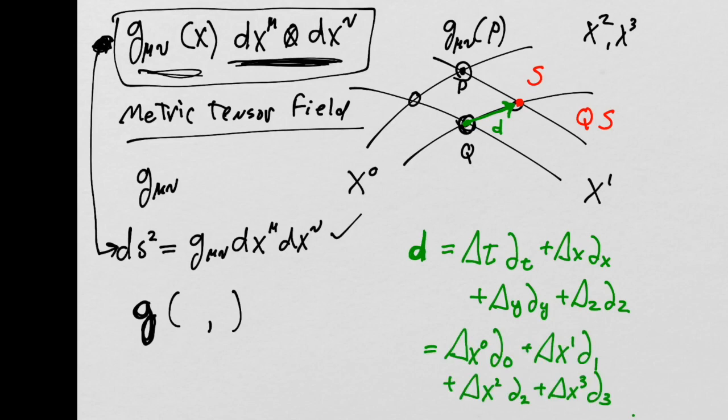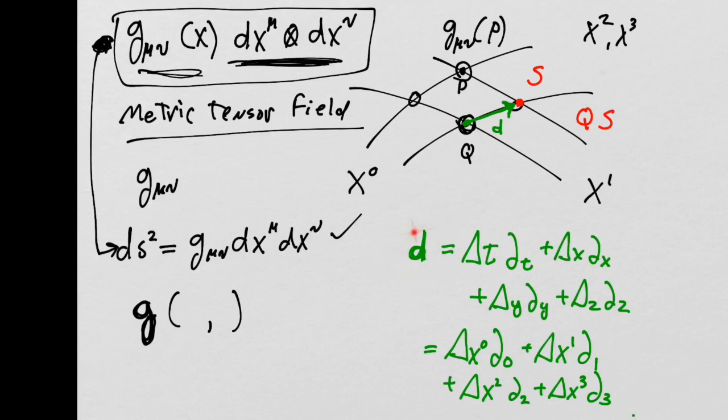Alternatively, I could write it this way: some component x0 times basis vector 0, x1 times basis vector 1, x2 times basis vector 2, and x3 times basis vector 3. I could write it that way as well. Here I'm replacing x0, x1, x2, and x3 with t, x, y, and z. You should be able to go through both of these things.